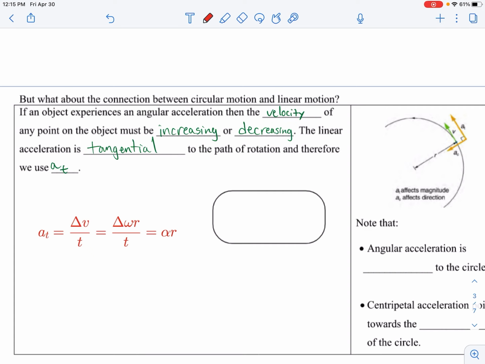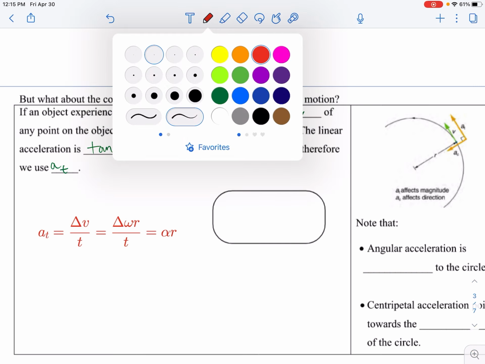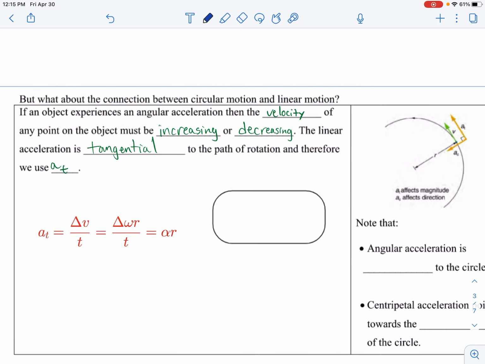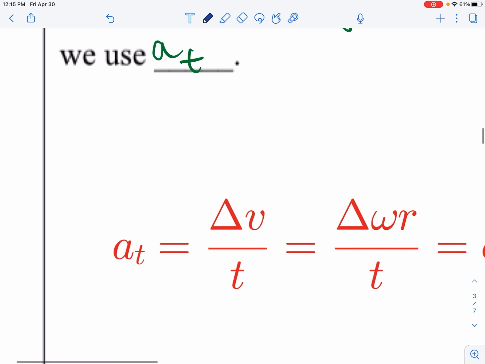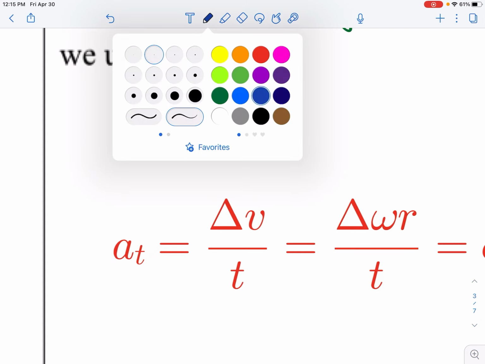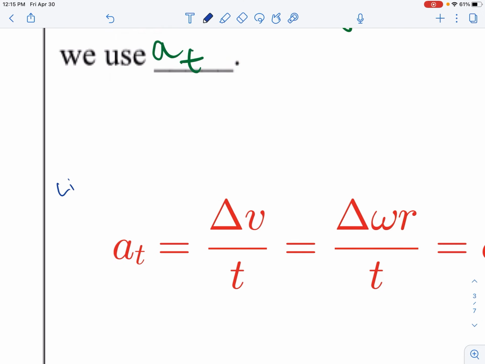Now, a couple things here to notice of how we derived all this. First off, let's define that AT, or tangential acceleration, is linear acceleration. Right, that's what this is: acceleration tangential to the circular motion.